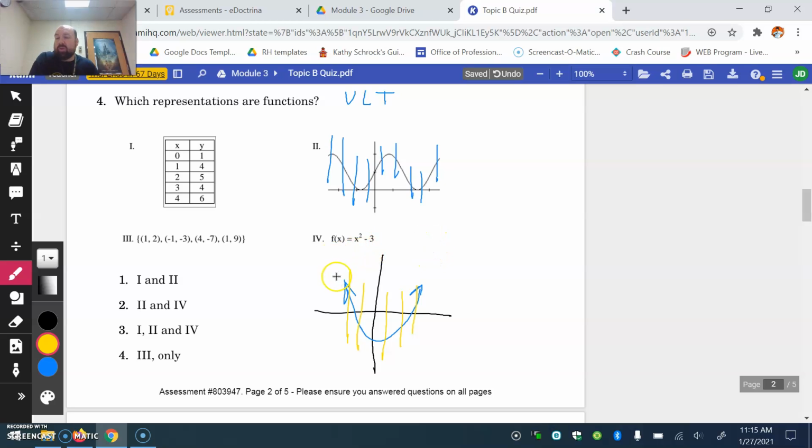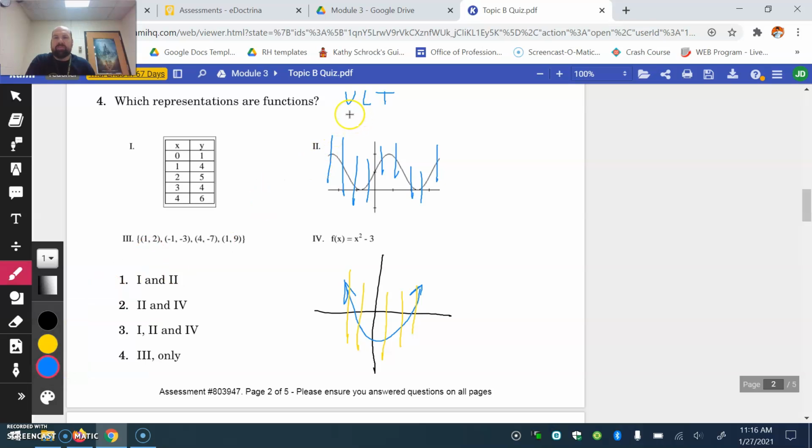For a vertical line test, if it crosses the graph more than once every time you draw a vertical line, if that vertical line hits the graph and then hits it again, it is not a function. But if it's a straight line, you're only going to cross it one time. Then it is a function. So that's one way we tell.